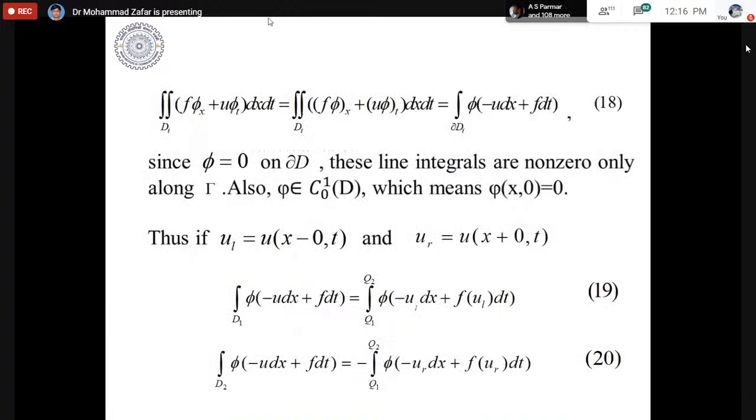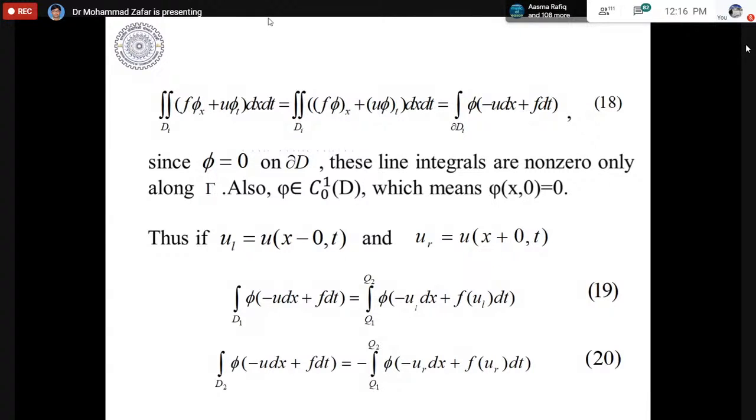Suppose u_L is the left hand limit of u when x approaches gamma from the left hand side, and u_R is the right hand limit of u when x approaches gamma, the curve of discontinuity, from the right hand side.